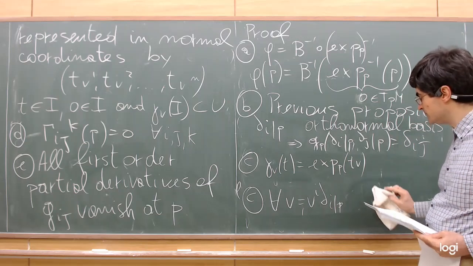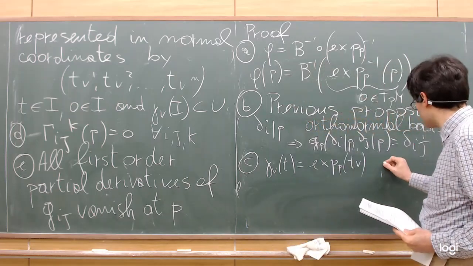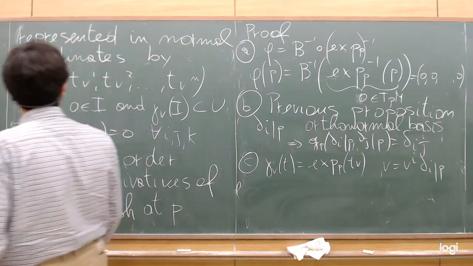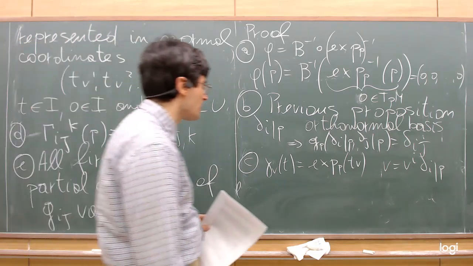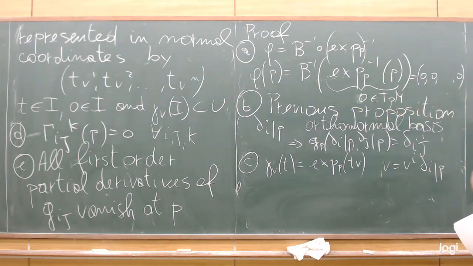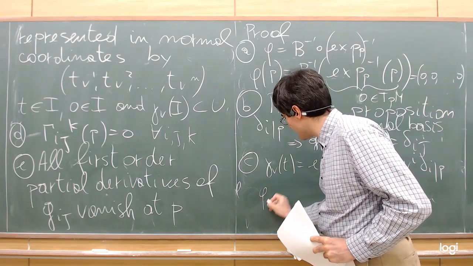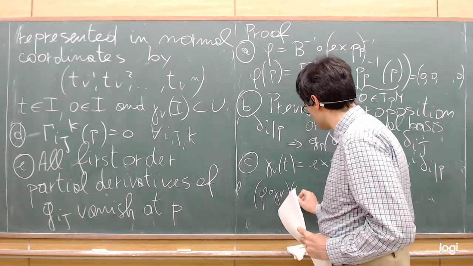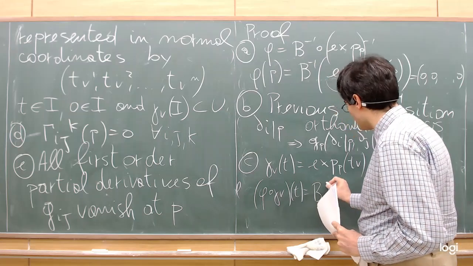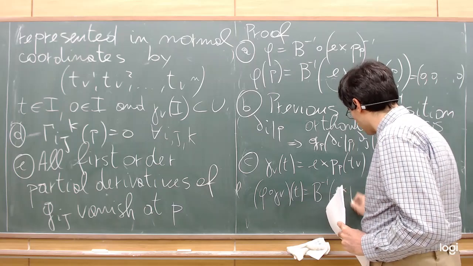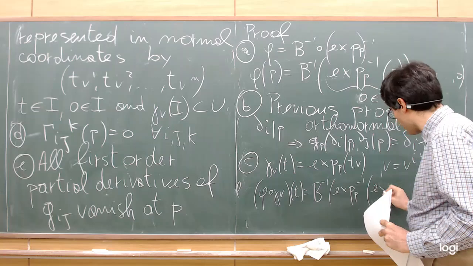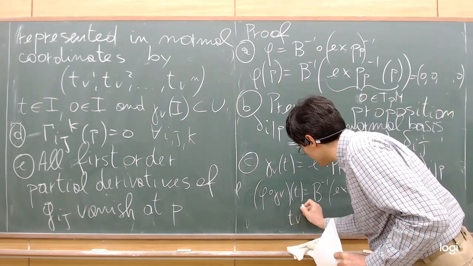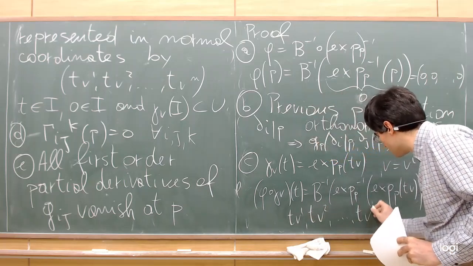So when you try to find the local representation of this geodesic, what you do is to find phi composed gamma_v, which is B inverse, and this is exactly tv1, tv2, tvn.